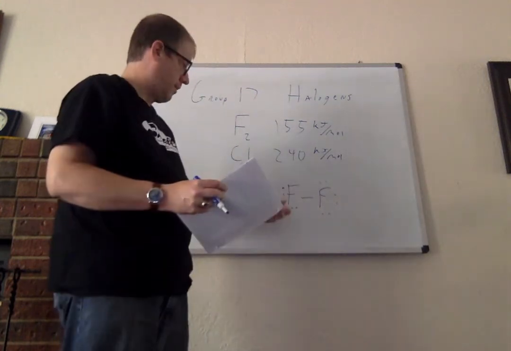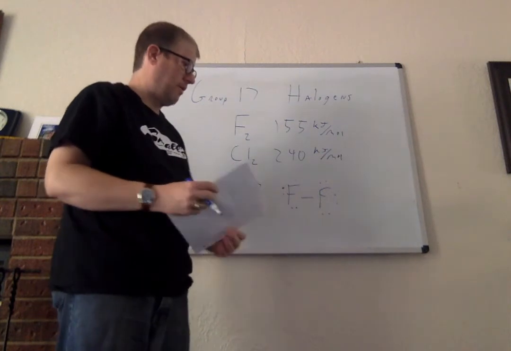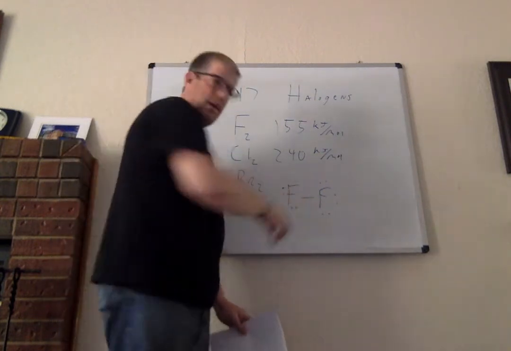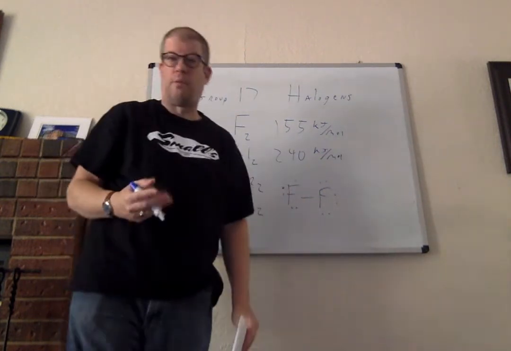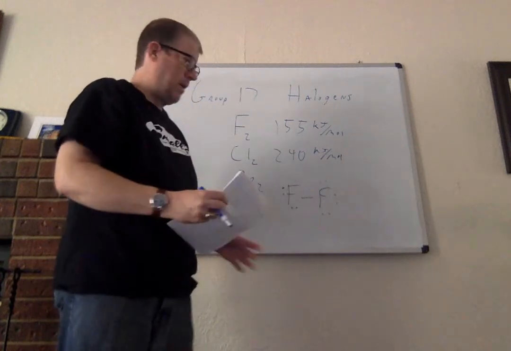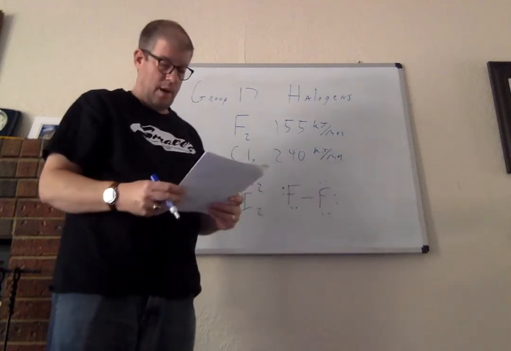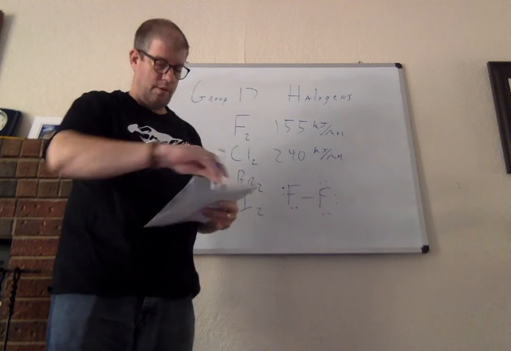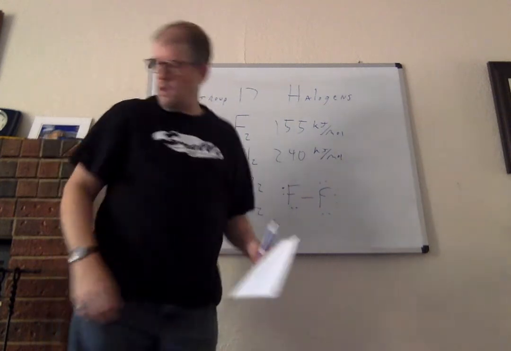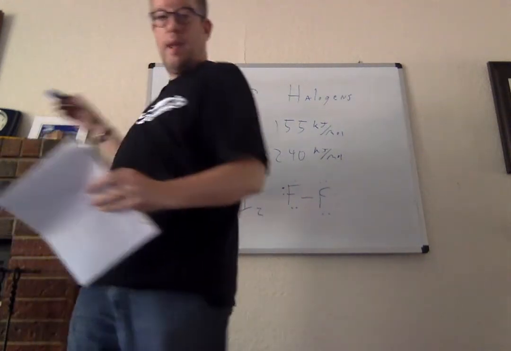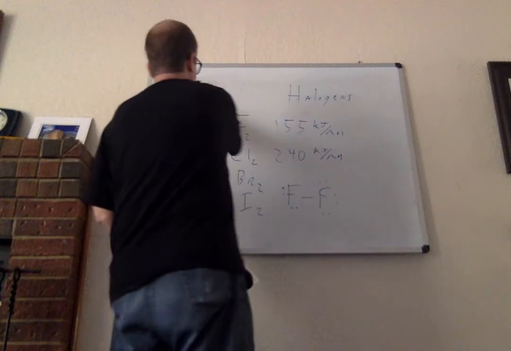All right, so there's 6 lone electrons here, 6 lone electrons here. Because this bond is so short, because the atoms are so small, those electrons repel each other, and that leads to the weakening of the bond. So we can look at the elements now themselves.